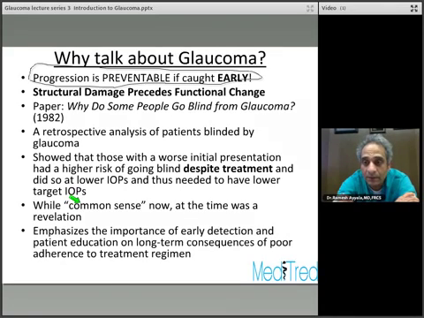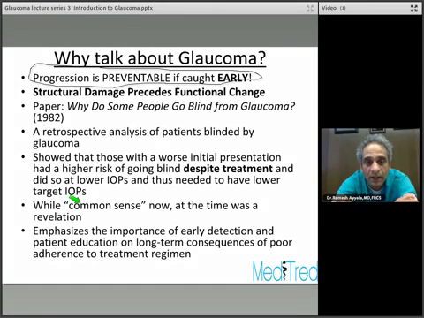He took a whole bunch of patients who were admitted, everybody got operated, and he looked at their outcomes. And what they found is that those with worse initial presentation, meaning worse vision fields and worse optic nerve damage, had a higher risk of going blind despite treatment, and did so at lower intraocular pressures and thus needed to have lower target IOPs.